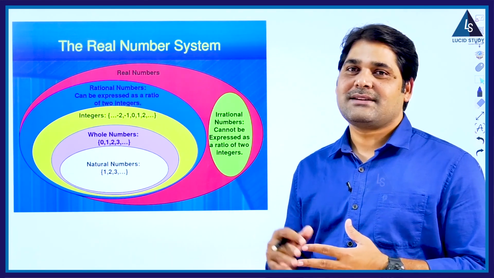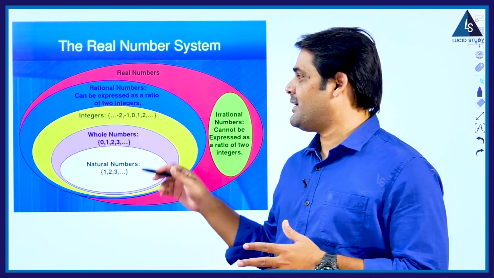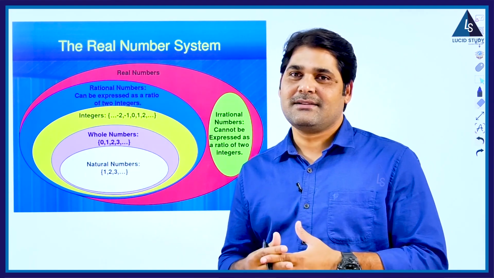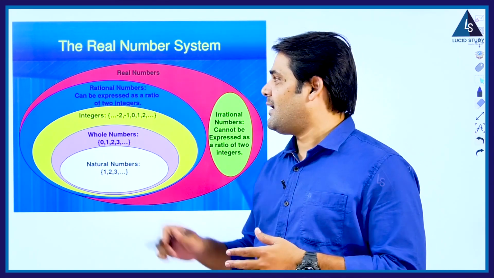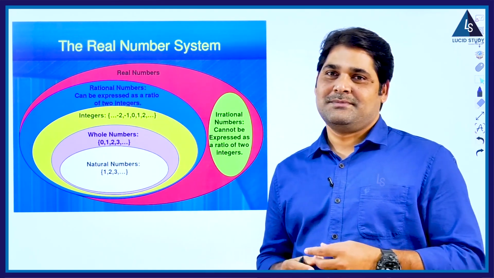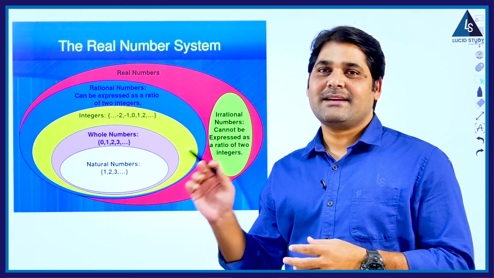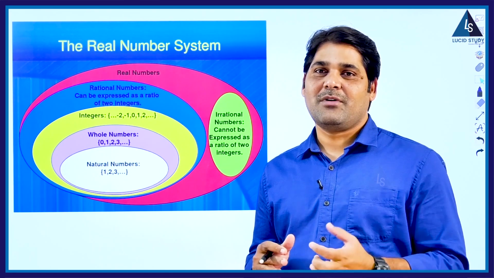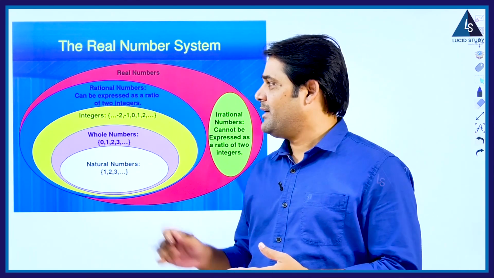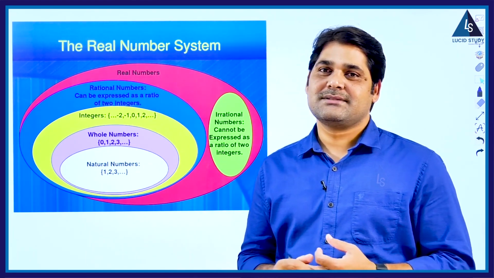We mixed those into the integers and gave a name to that: rational numbers. Rational numbers means the numbers which can be written in the form of p by q.